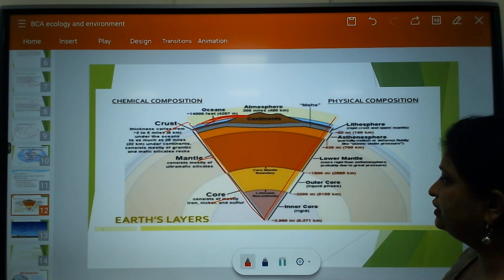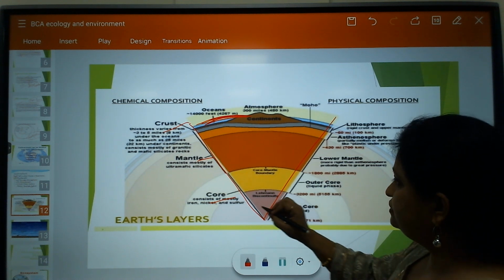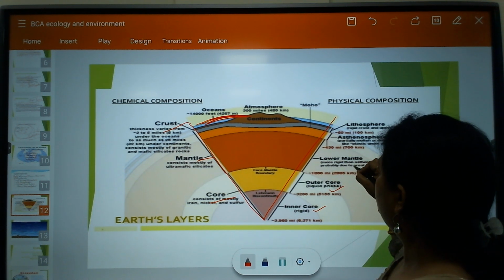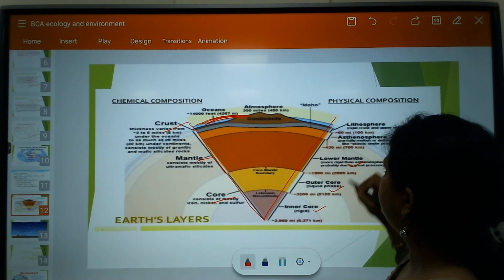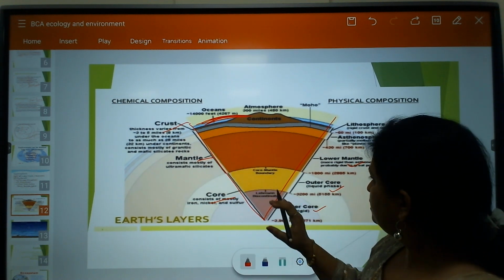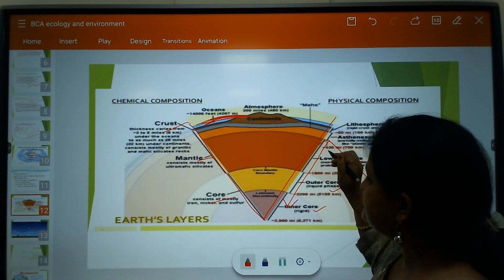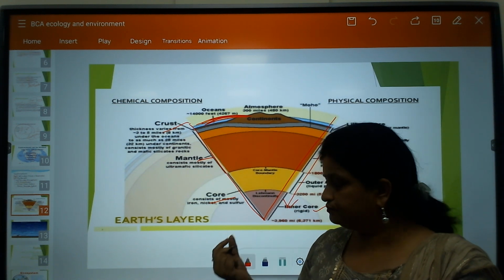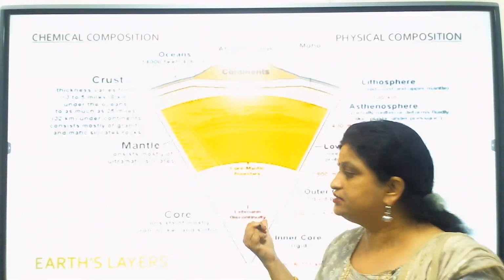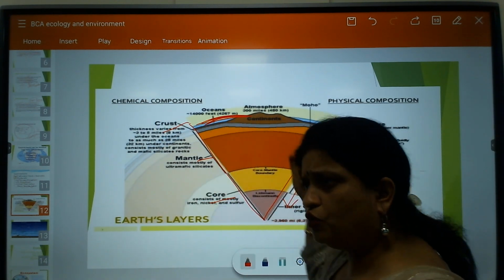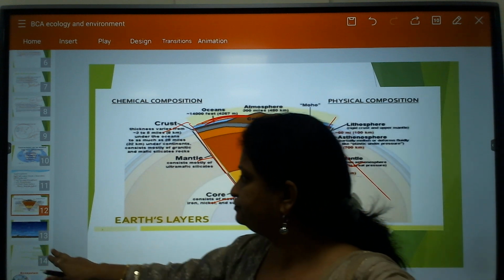They are divided into three categories, and further subdivided into inner core, outer core, and lower mantle. This is the chemical composition, and this is the distance from the center of the earth. This is all about the lithosphere.